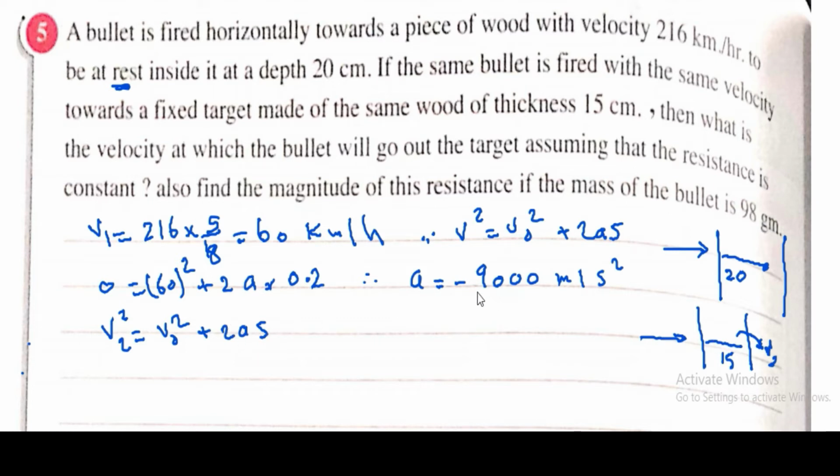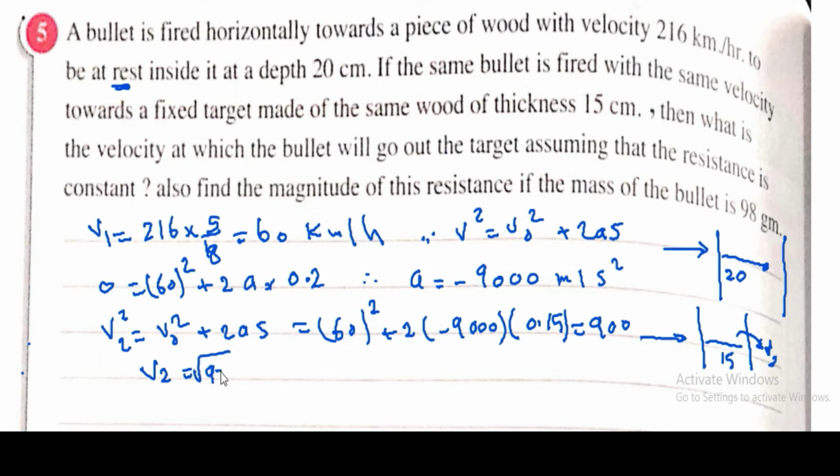A is negative 9,000, V node is 60 square plus 2 times A negative 9,000 times S 15, it means 0.15 meter. It will be 900. So V2 equals root 900 equals 30 meter per second. This is the velocity by which the bullet will get out from the second target.